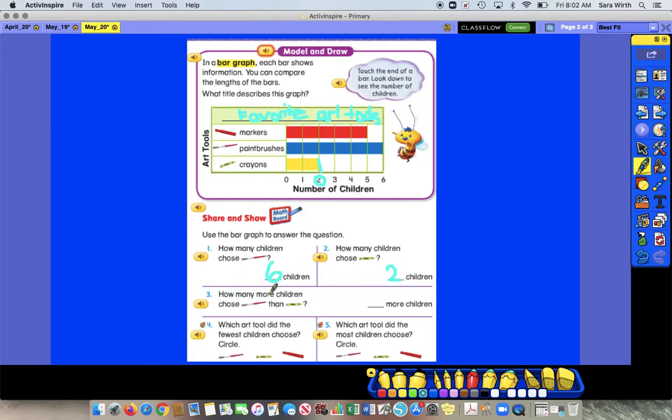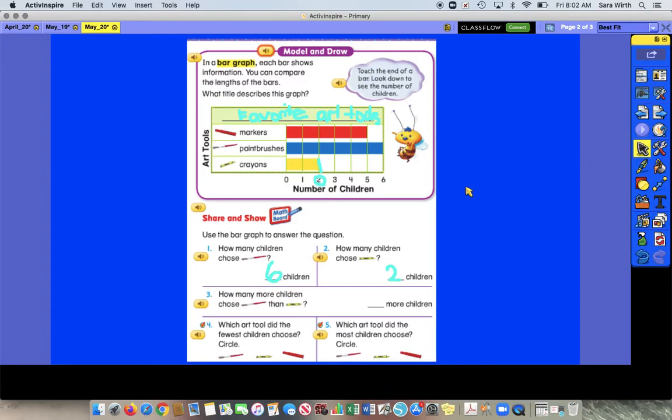How many more children chose paintbrushes than crayons? We touched on this yesterday where we can look at the graph and see the difference, a subtraction problem. You guys did a great job with this on your picture graph questions. So paintbrushes goes all the way over here and crayons only goes to here.